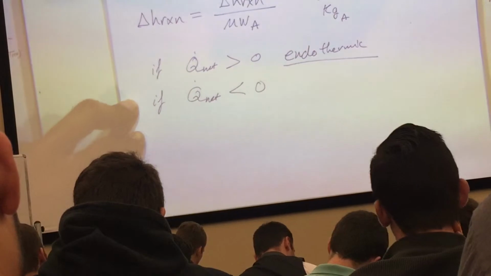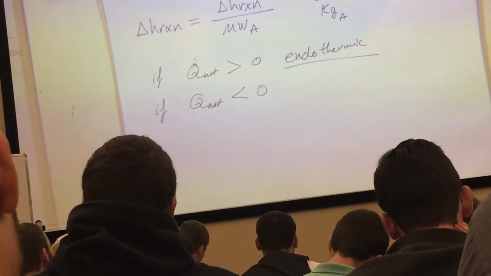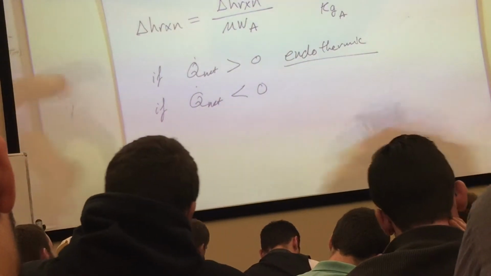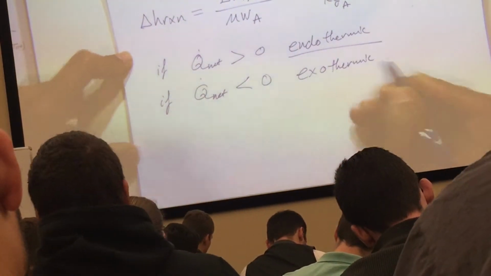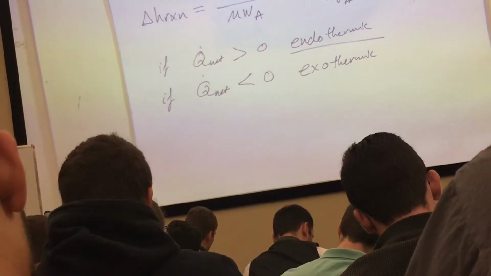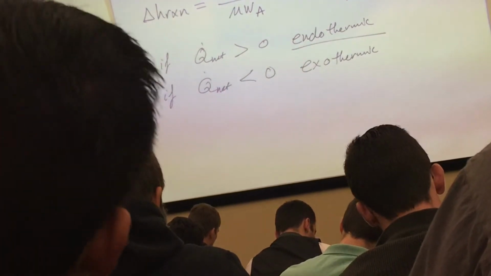Now, we're not going to be dealing with endothermic in this course most of the time. We're going to be dealing with exothermic, because we are actually reacting that mixture to produce heat, and from the heat we can actually get work, and that's how we get our propulsion system.